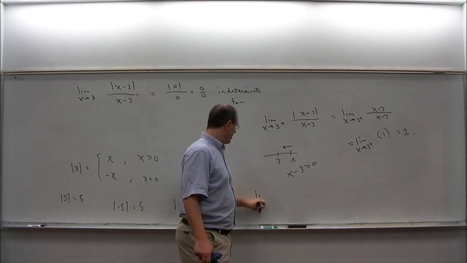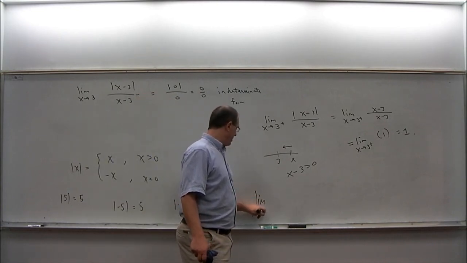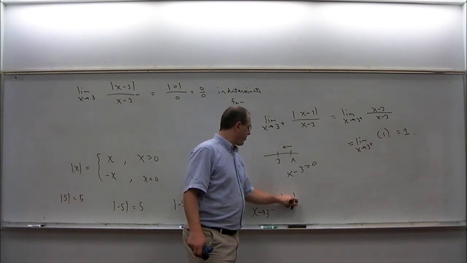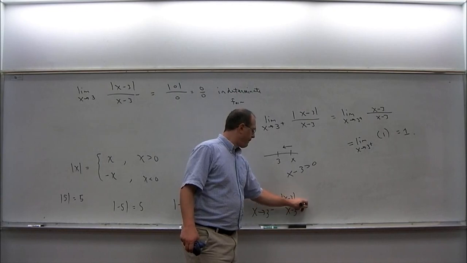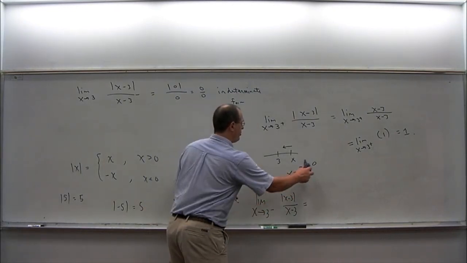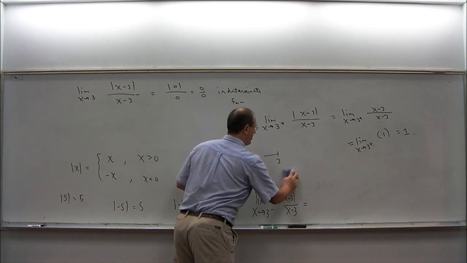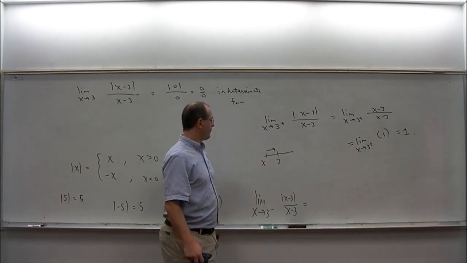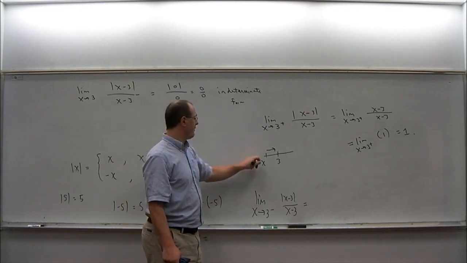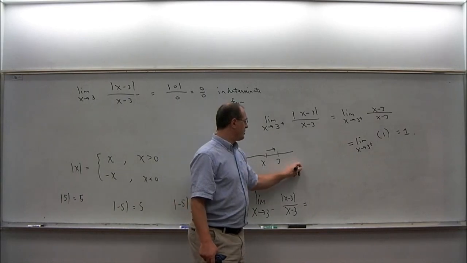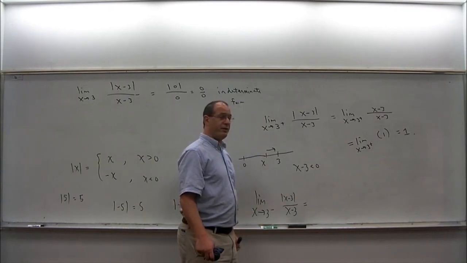And the other side, we're going to get minus 1. As x goes to 3 from the left, since x is going to 3 from the left, we use this same diagram here. X is here. X is going to 3 from the left. X is less than 3, so x minus 3 is going to be negative.